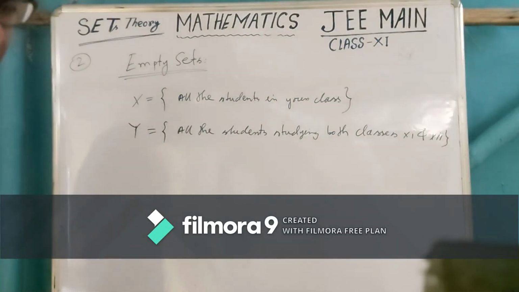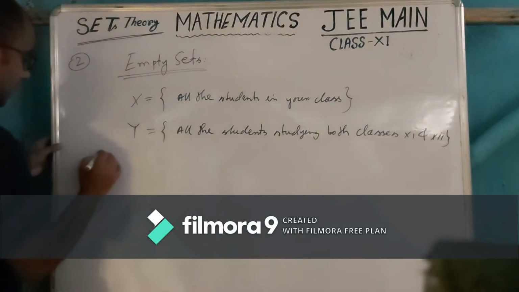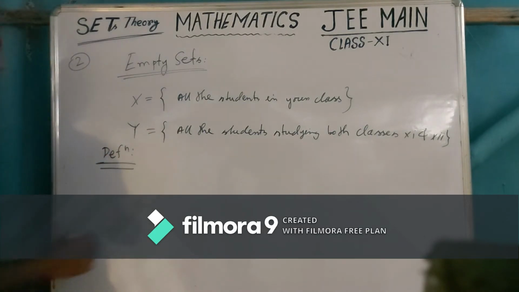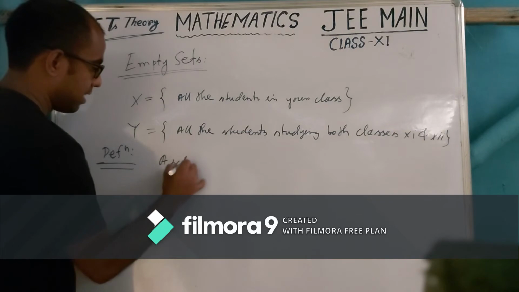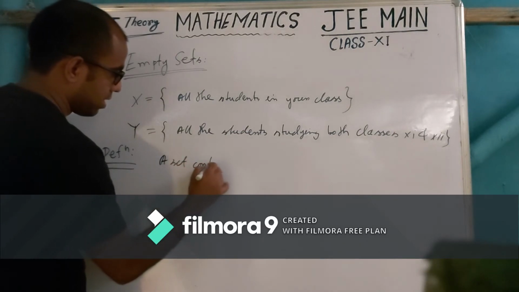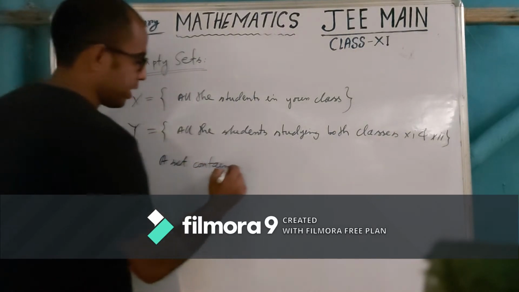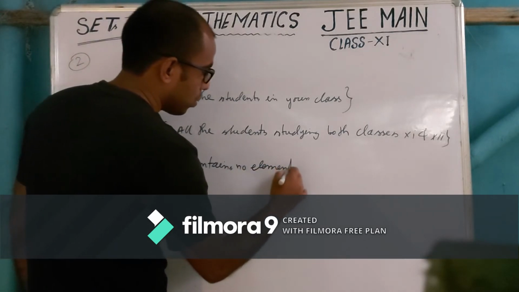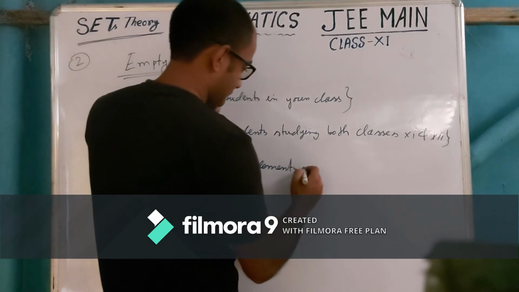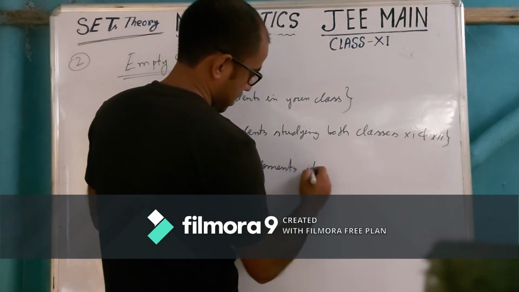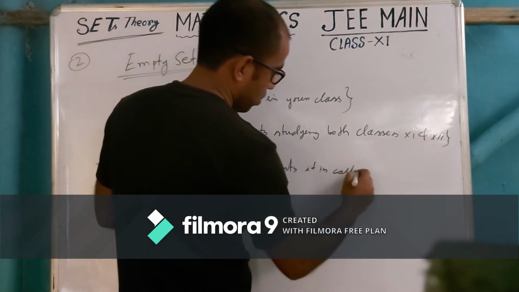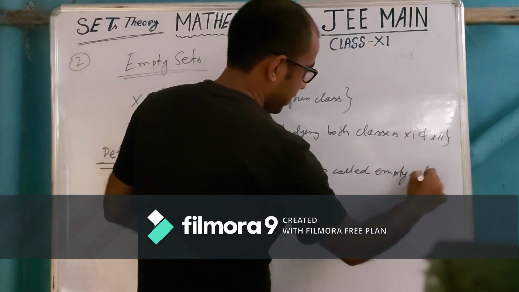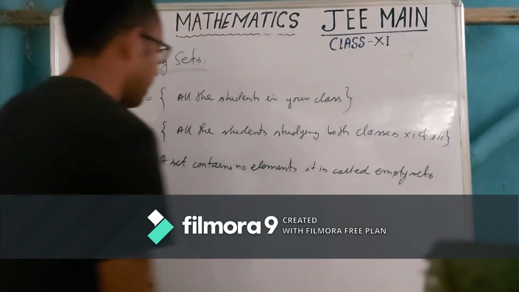So the definition: if a set contains no elements, it is called an empty set.